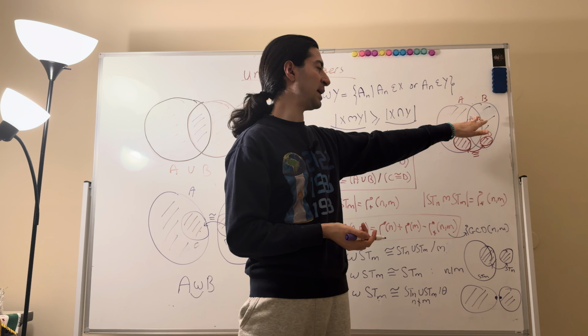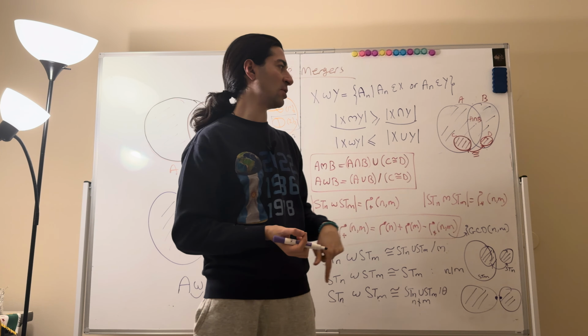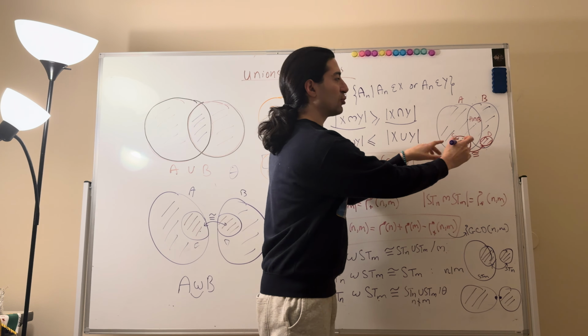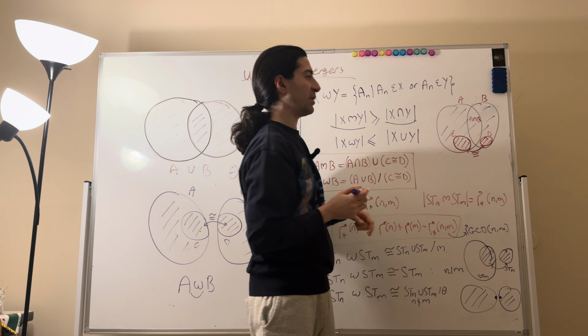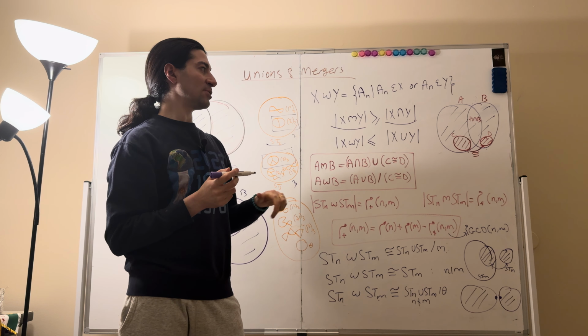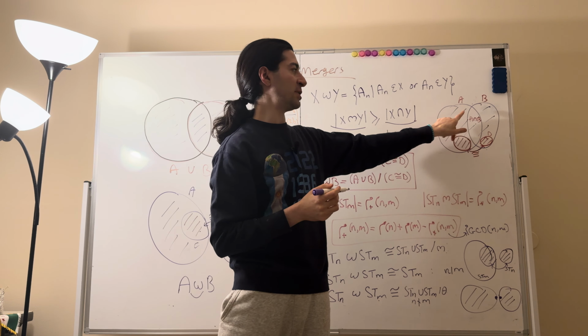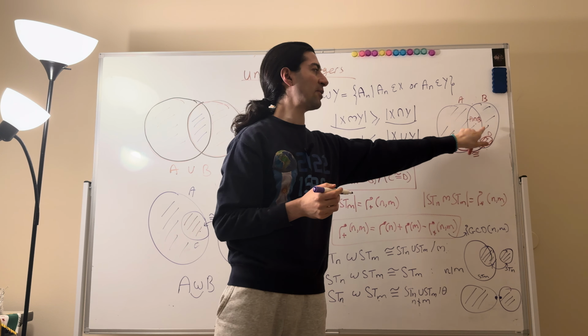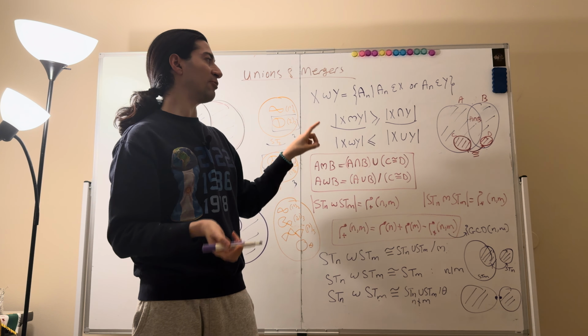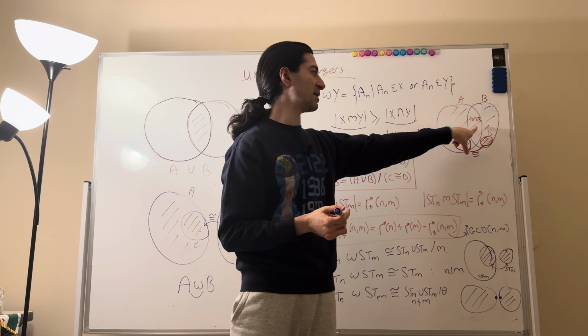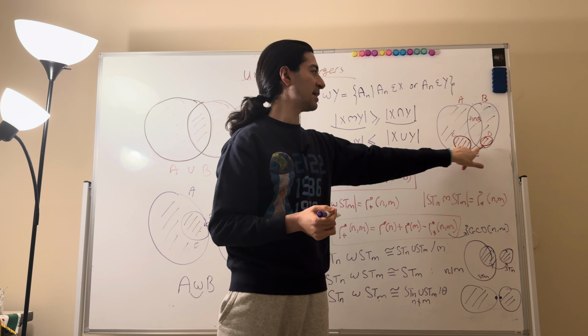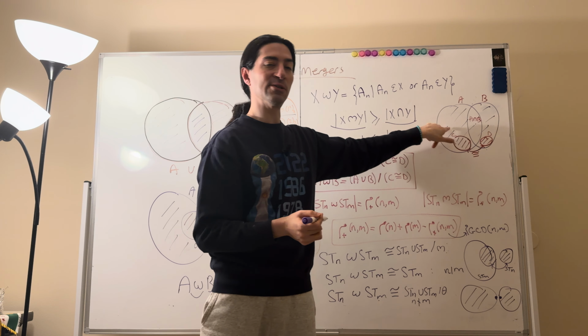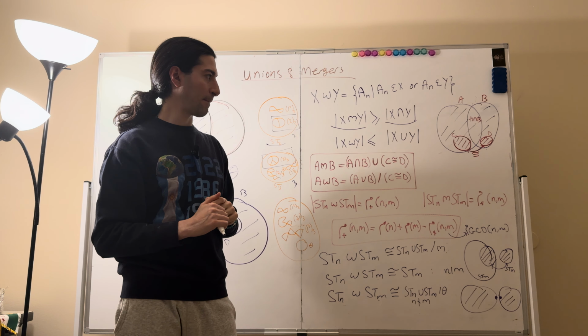We have A and B, we have the intersection of A and B, and we have two subsets that are isomorphic to each other. So if we're looking at the intersection, it will be only this area here. If we look at the commonality, it will be this area plus the commonality between these two subsets.